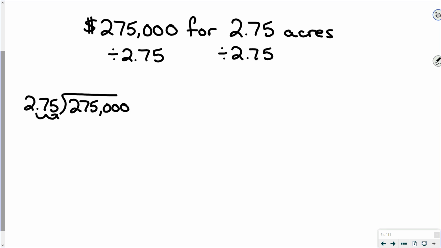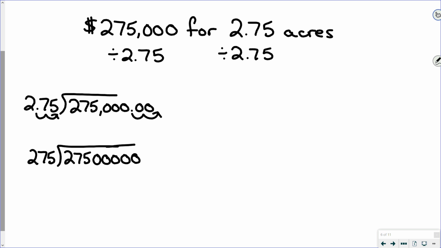Remember to move the decimal point to the end of your divisor. And then we need to move our decimal point, which in this case is going to come after the 275,000. We put those two zeros on. We move that two places. The 2.75 is now 275. And the 275,000 is now 27,500,000.